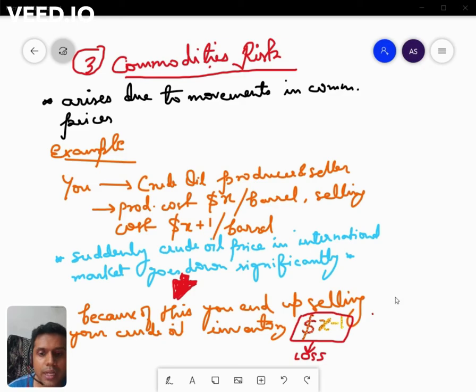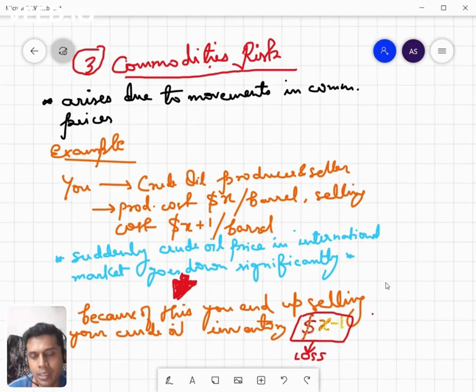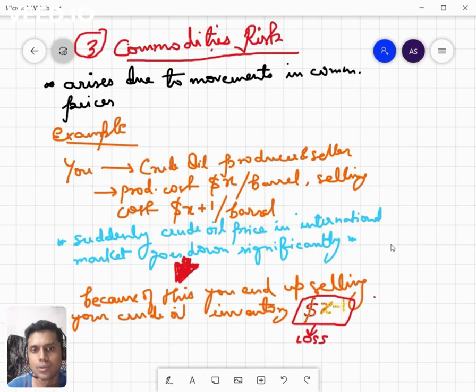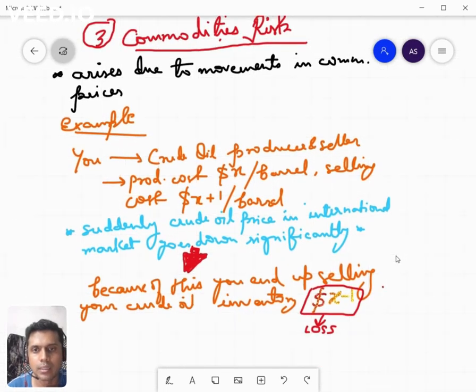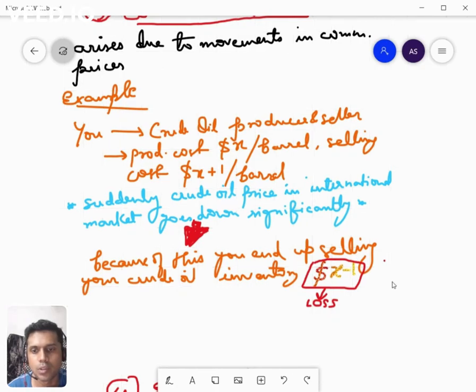So as a commodity trader, commodity risk is one important factor that you need to manage to sustain your business. Hope I was clear in explaining what commodity risk is.